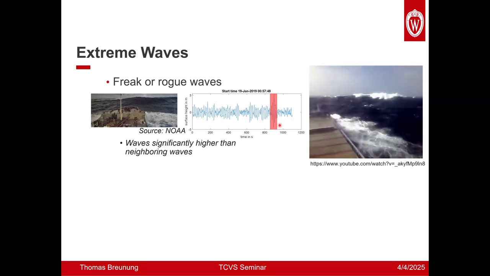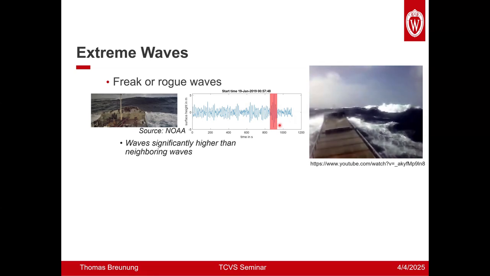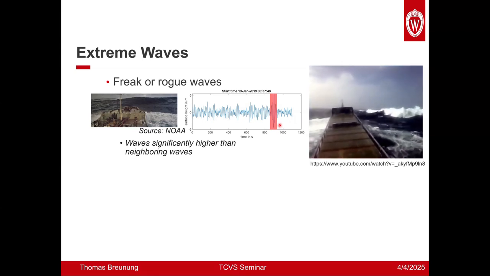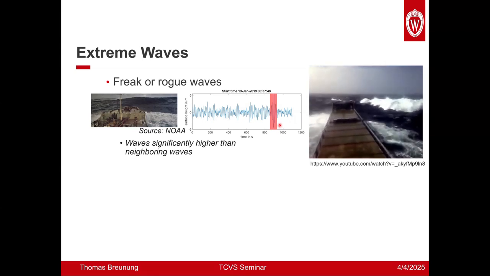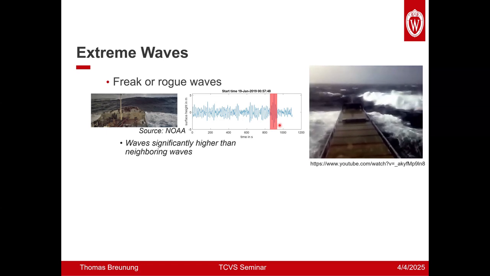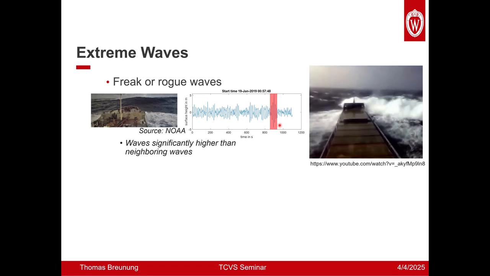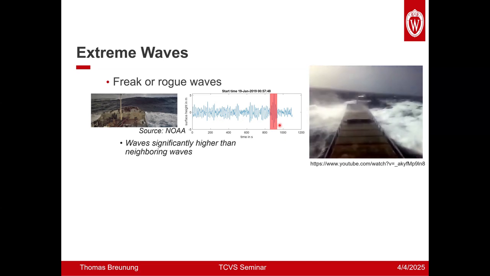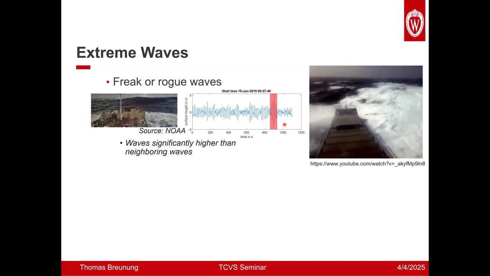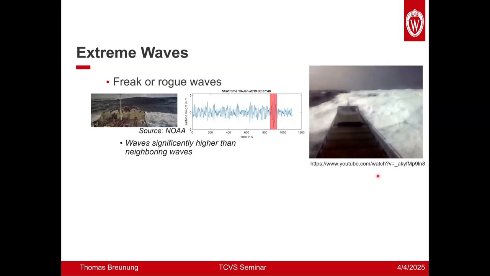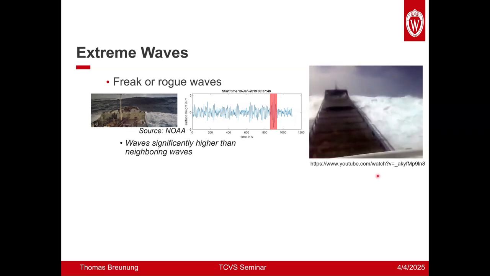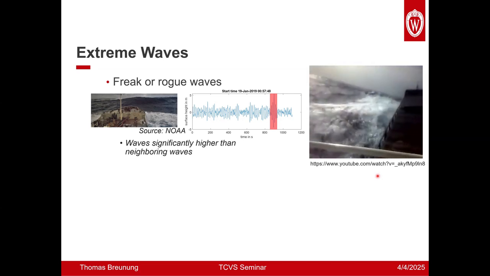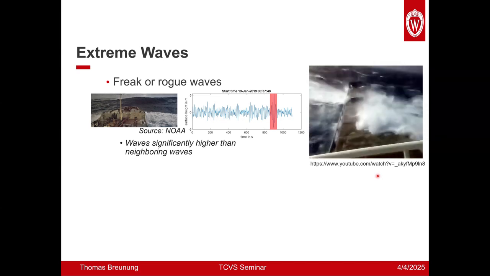And without talking too much, just to give you a visual impression of the thing, here's the video on the right-hand side. This is a ship steering through the ocean. And as it is on its course, we can see here on the right-hand side a drastic, large wave coming up to the ship and then eventually impacting.